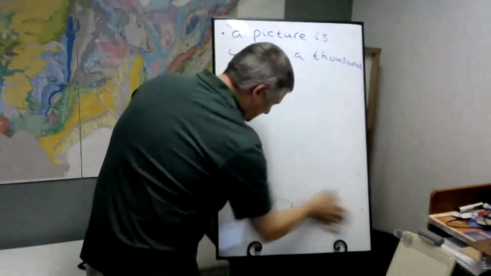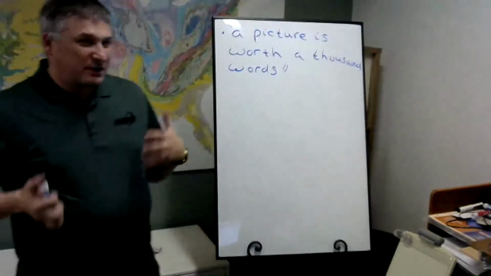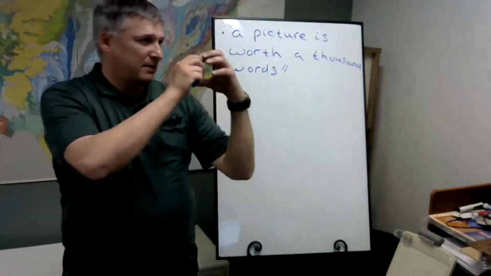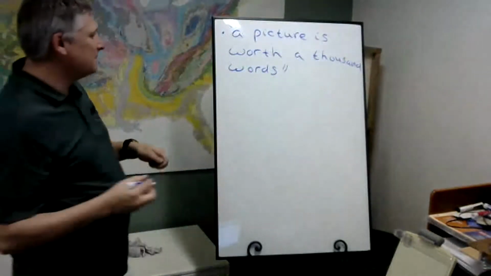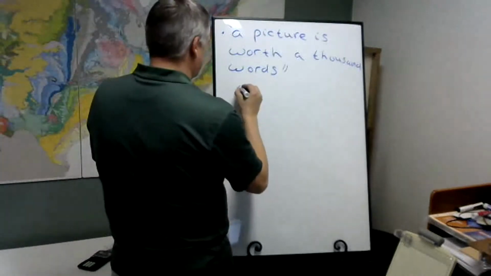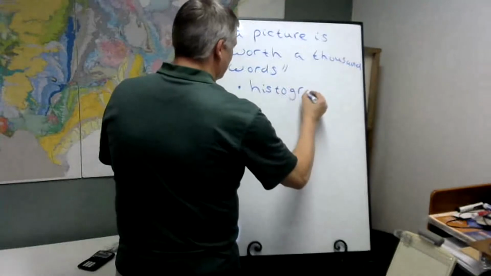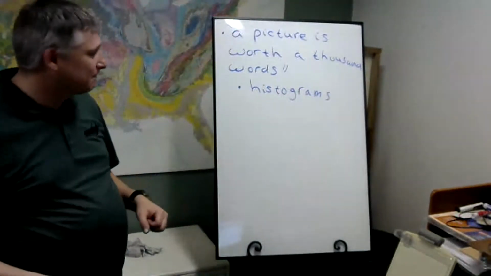So we're getting some idea what's going on. Hopefully we've improved on things compared to the list of data that's just sitting there. So what if we really do have a picture? And this is where we get into histograms.